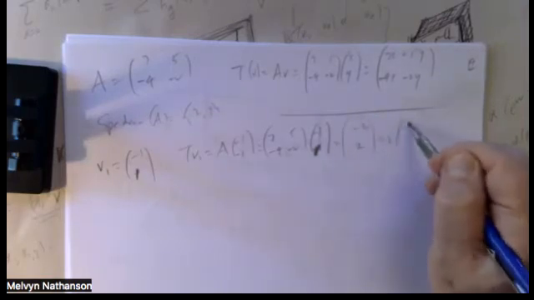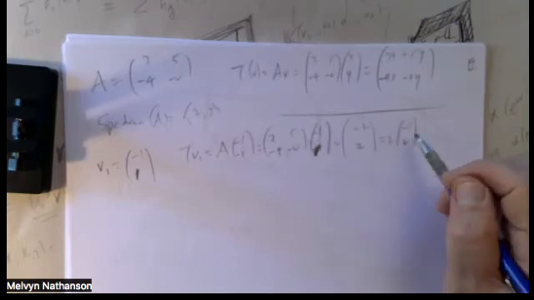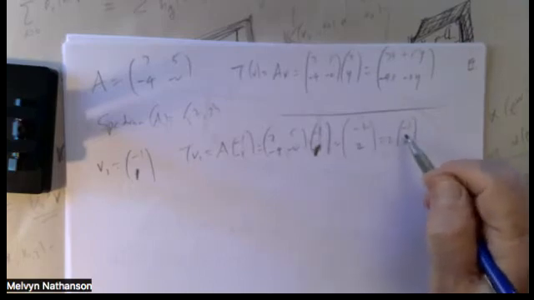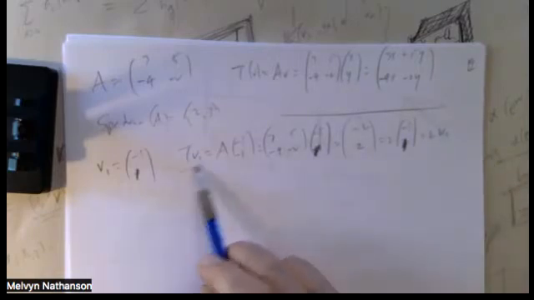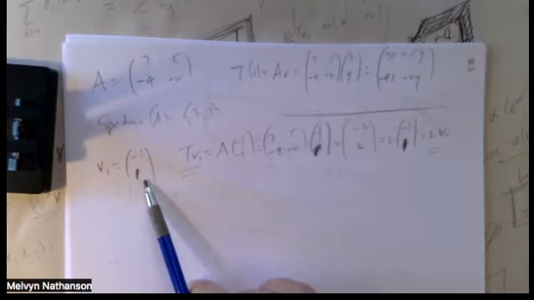This is 2 times (-1, 1). Multiply this vector by 2, you get (-2, 2). This is 2V1. So T of V1 is 2V1. So V1 is an eigenvector with eigenvalue 2.